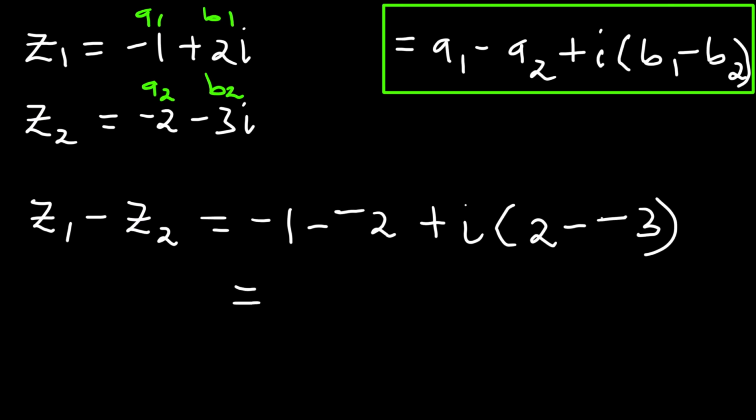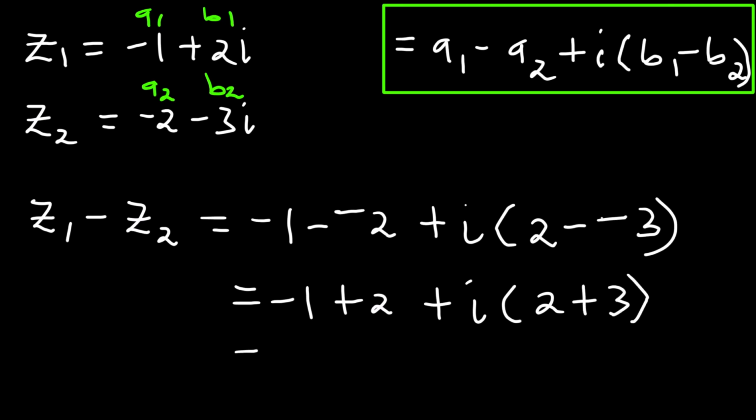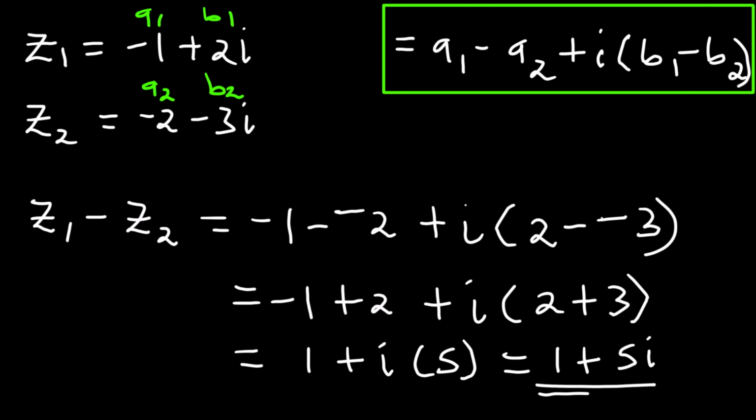This will give us negative 1. Now minus negative 2 will give us positive 2, and then plus i times 2 minus negative 3 will give us plus 3. This will be equal to negative 1 plus 2, which is 1, and then plus i times 2 plus 3, which is 5. And so our answer will be 1 plus 5i, which is the same as the first answer.